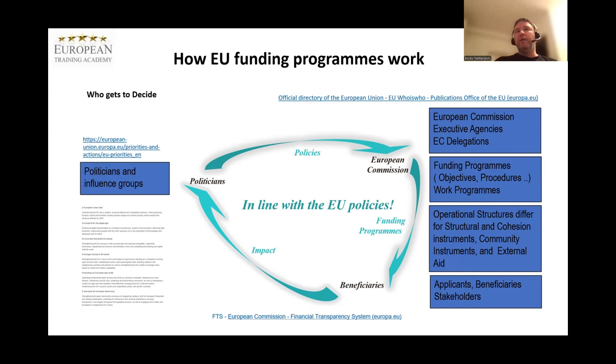So how the EU funding program works. What you can see on the slide is a triangle between politicians, European Commission, beneficiary. It's a simplified slide explaining how institutions work when they decide to give you funding for some of your proposals.